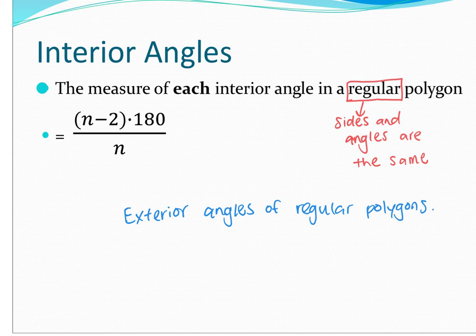So, regardless of the number of sides that you have, what is the sum of the exterior angles of a polygon? Gabby? 360. Okay?